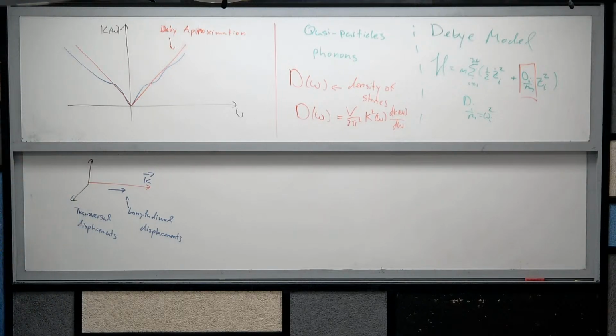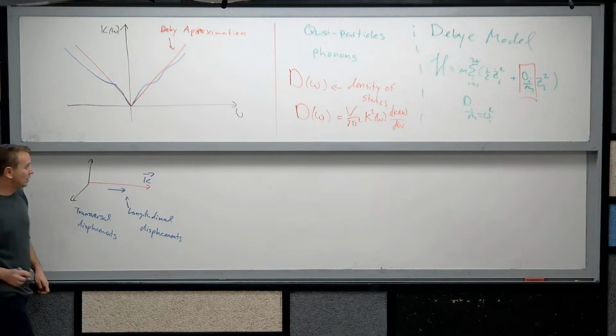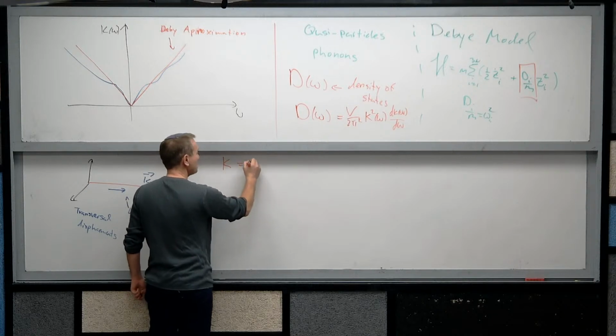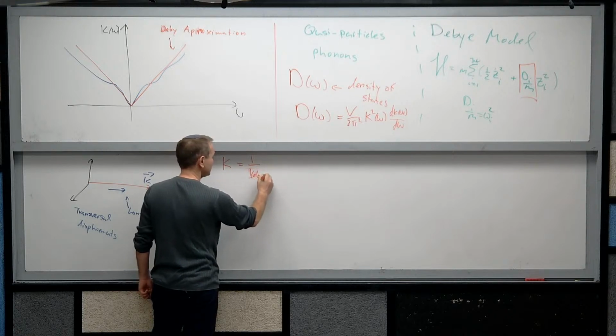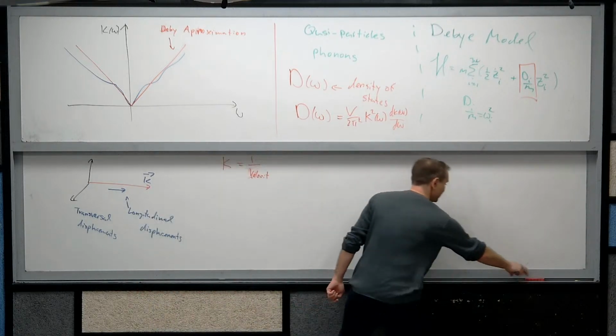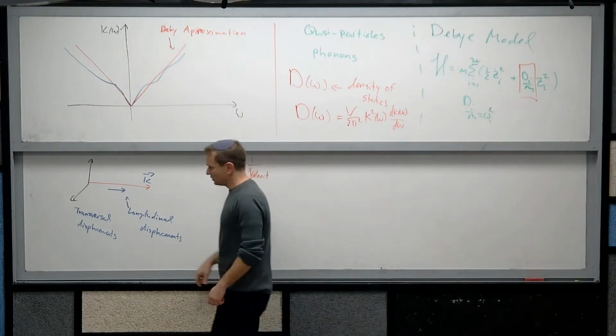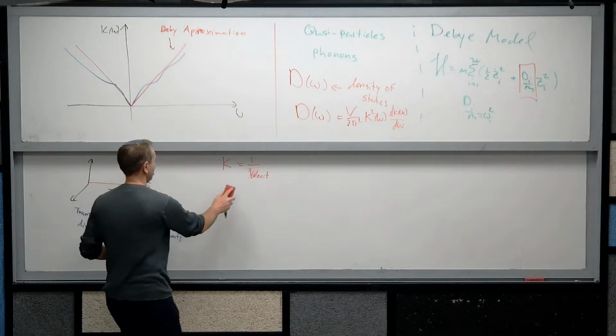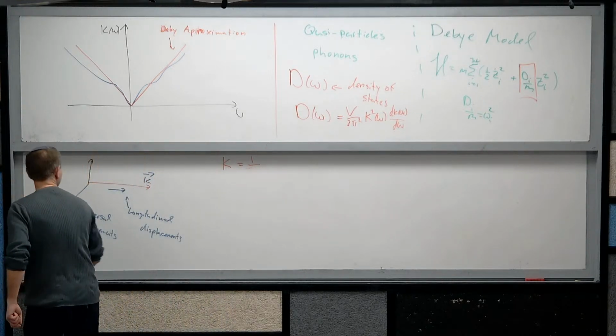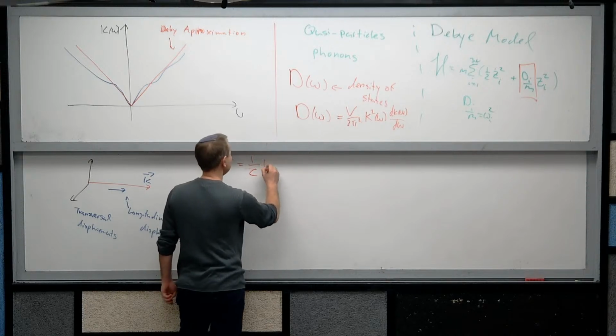Now, in theory, it's not exactly right, because what we know is that the velocity or the dispersion relation, even if we assume it's linear, simply states that k equals 1 over the velocity times omega, so k equals omega over c.